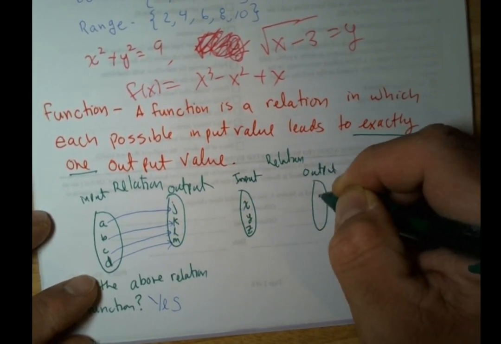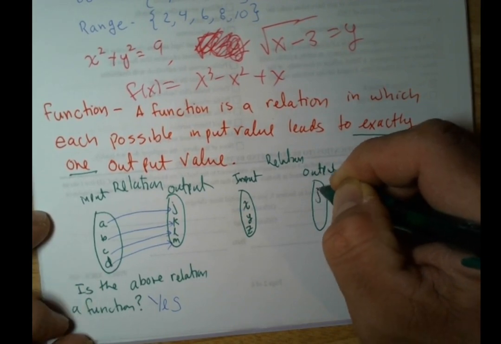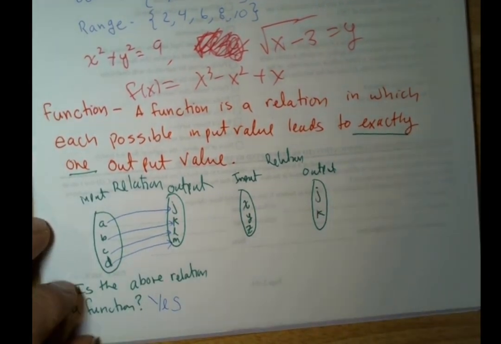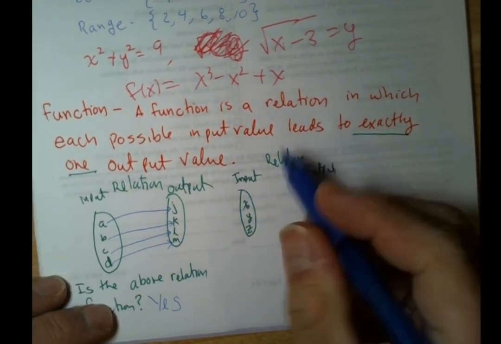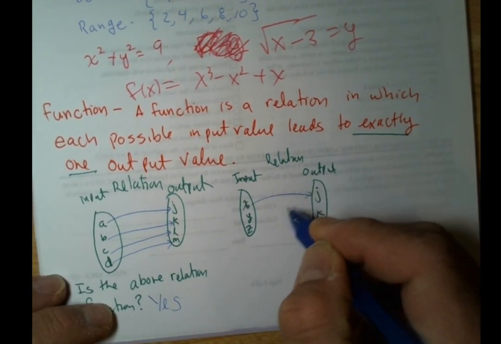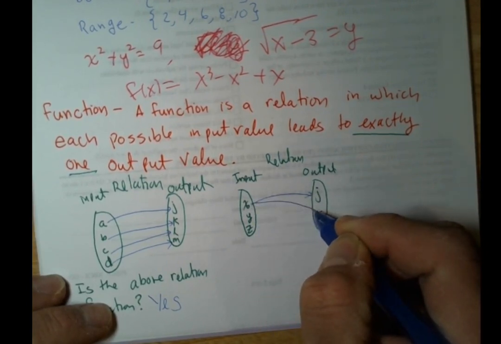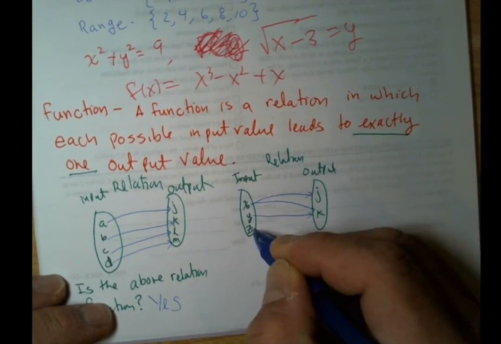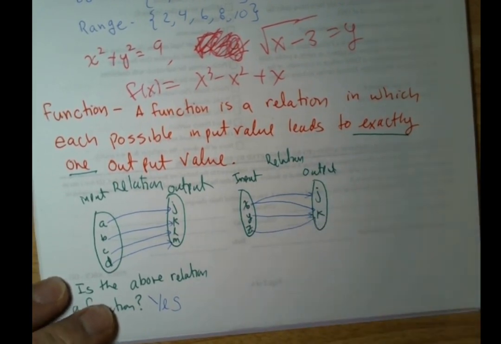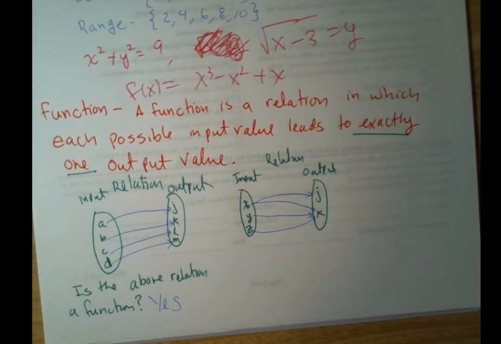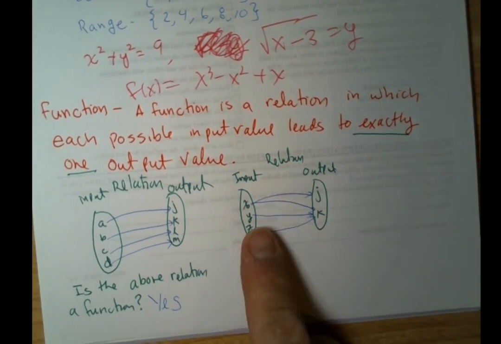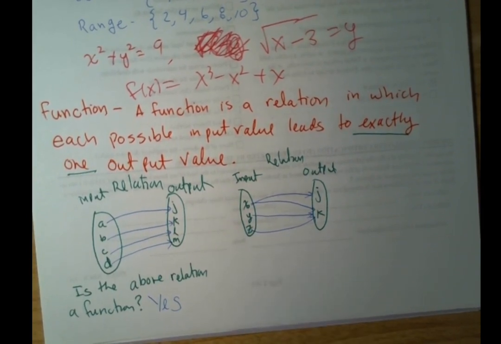Here, let's say x maps to j and k. All right, so this is our relation. Again, it is a relation, which is simply a set of ordered pairs, and that's what we have here: xj, xk, yk, and zk.